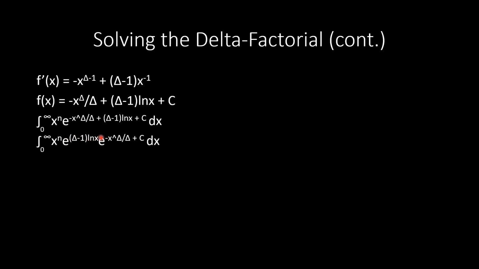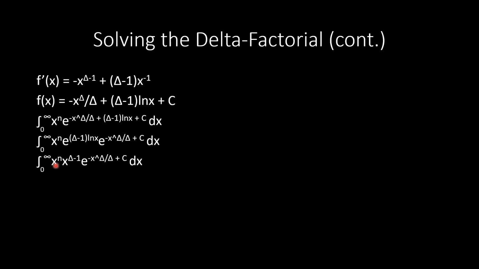We have log x to the delta minus 1, and then the logs will cancel. That just provides us with an x exponent of delta minus 1, getting us the integral of x to the n, x to the delta minus 1, e to the minus x to the delta divided by delta plus c.